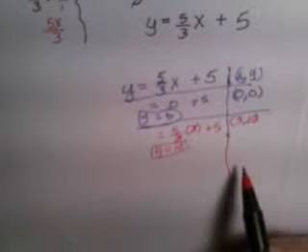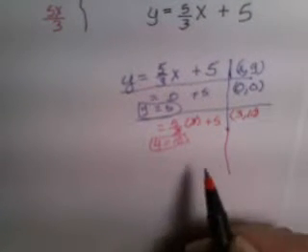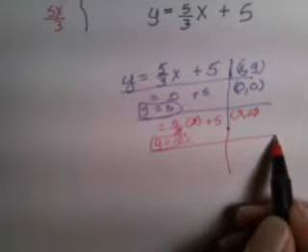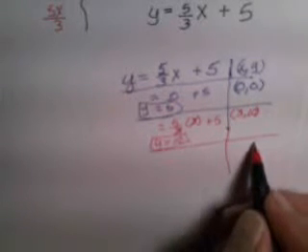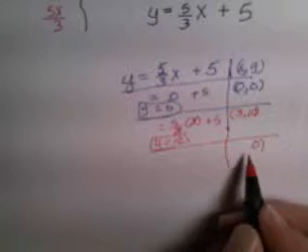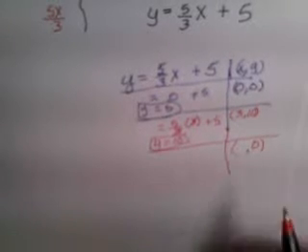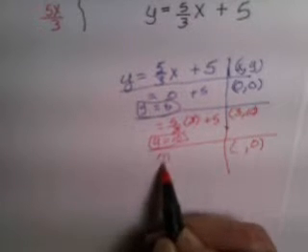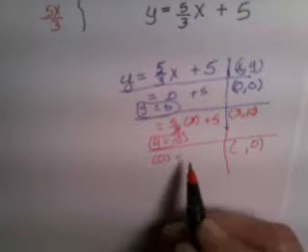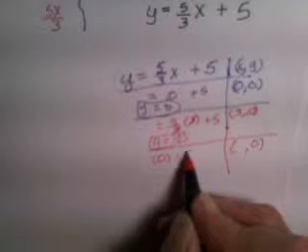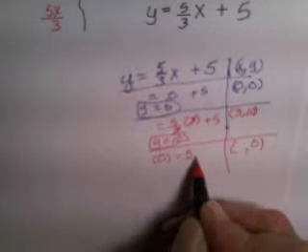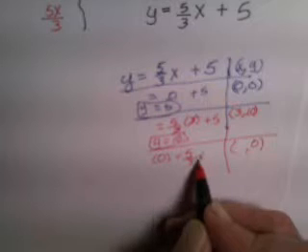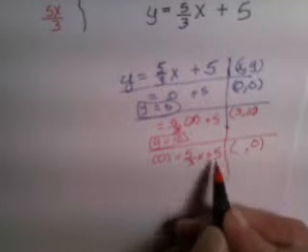Now, what if we decide to let y equal 0? Y is going to be equal to 0, and we'll find the x to go with it. Here's our 0 for y, and that is equal to 5/3 x plus 5.